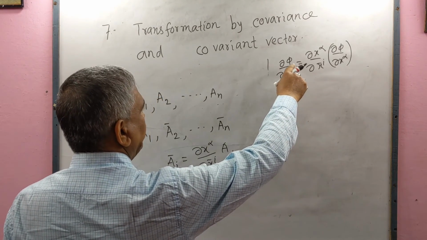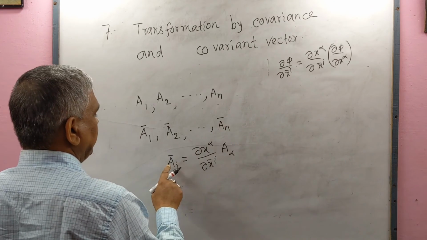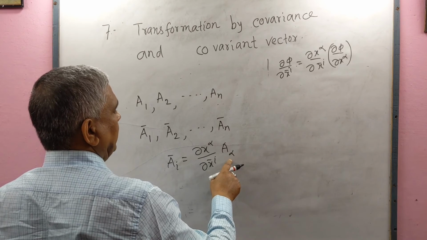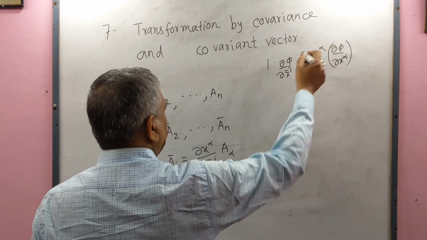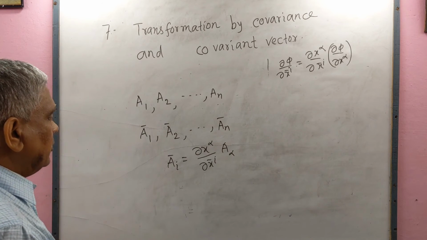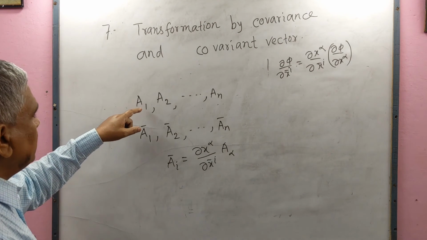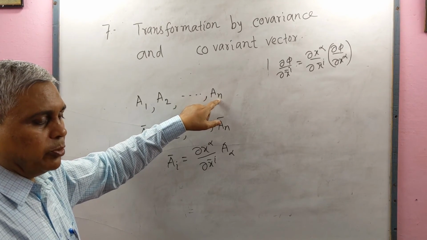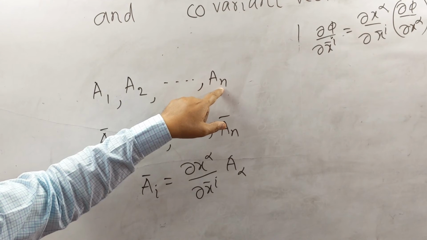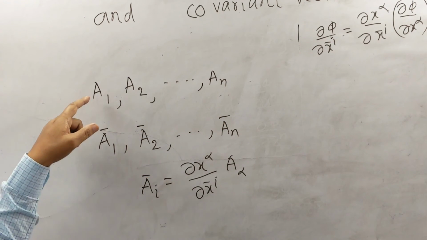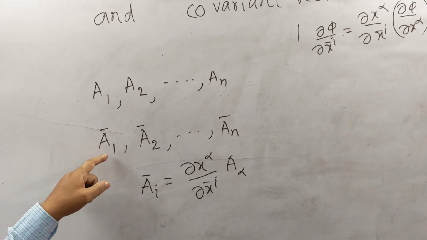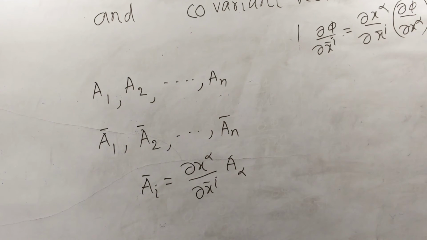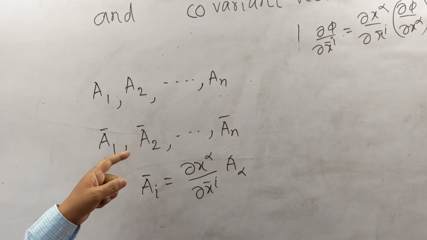In place of del phi by del x bar i, we have a bar i, and in place of del phi by del x alpha we have a alpha, and this partial derivative is the same. Then the components a1, a2, an are called components of a covariant vector in x system of coordinates, and a bar 1, a bar 2, a bar n are called components of a covariant vector in x bar system of coordinates.